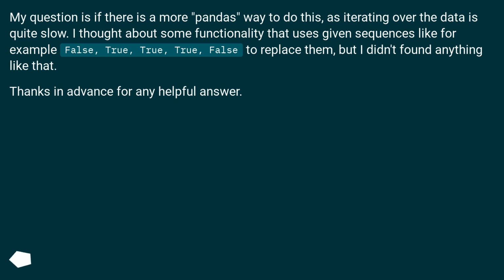I thought about some functionality that uses given sequences like, for example, false, true, true, true, false to replace them, but I didn't find anything like that. Thanks in advance for any helpful answer.